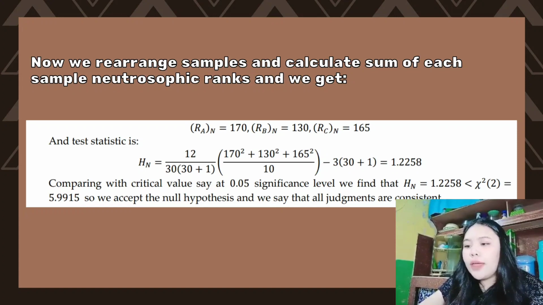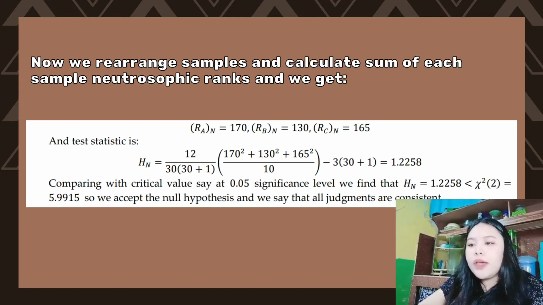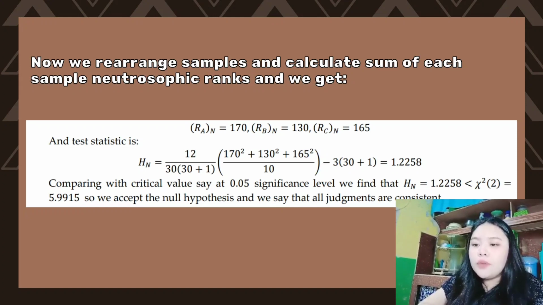H sub n is equals to 12 over 30 times 30 plus 1 times 170 to the second power plus 130 to the second power plus 165 to the second power over 10 minus 3 times 30 plus 1 is equals to 1.2258.